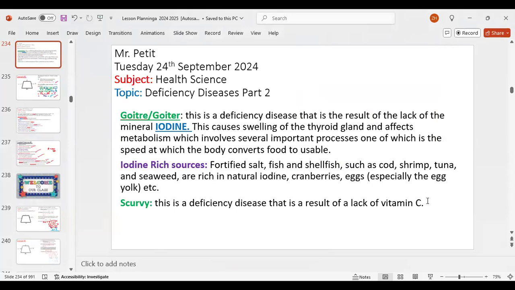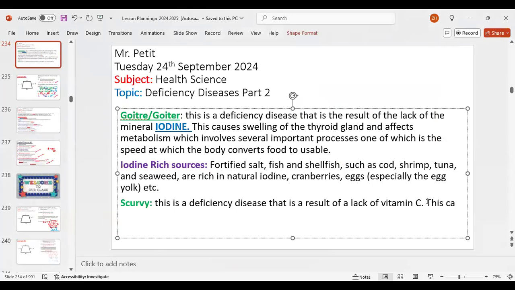So this causes sores and swelling in the gums.